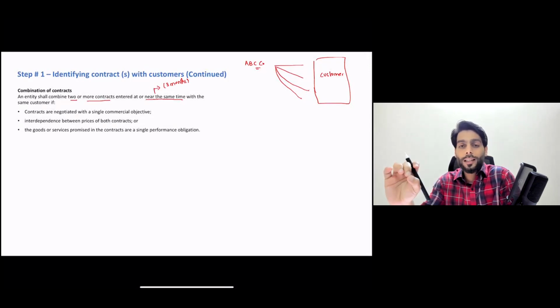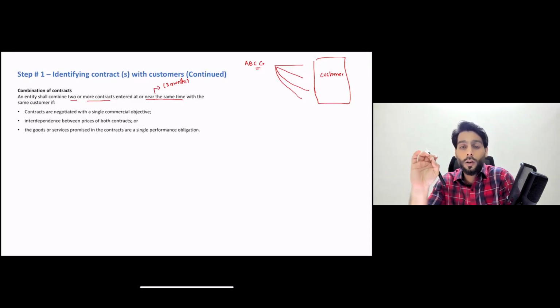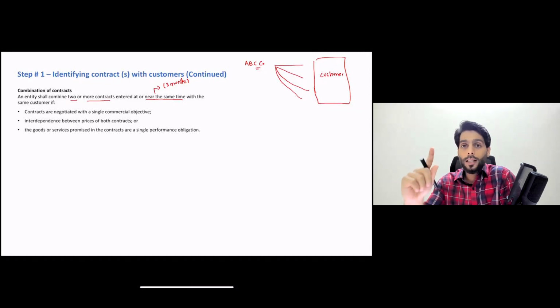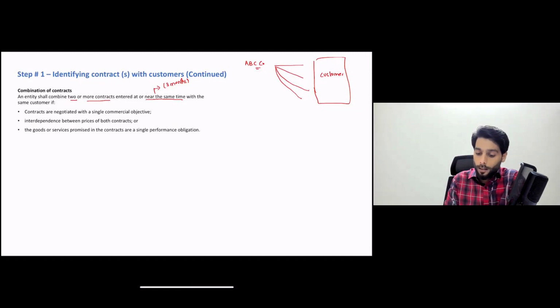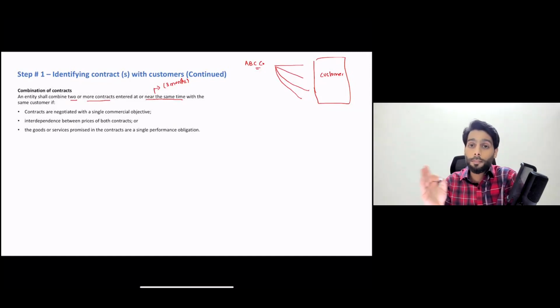It varies from industry to industry. As a given benchmark, in the industry I am aware of, a 3 month benchmark is used. So if one company enters into a contract with the same customer near to or at the same time, then the contracts may be combined to be treated as one single contract.